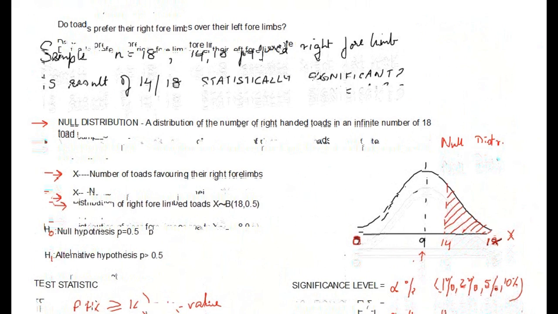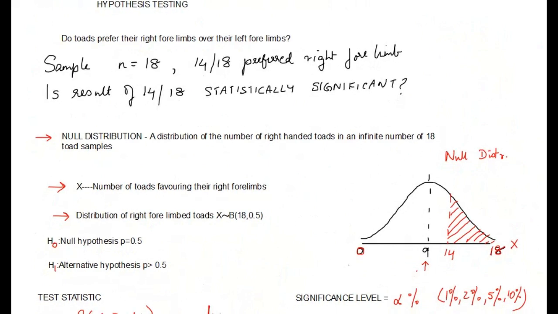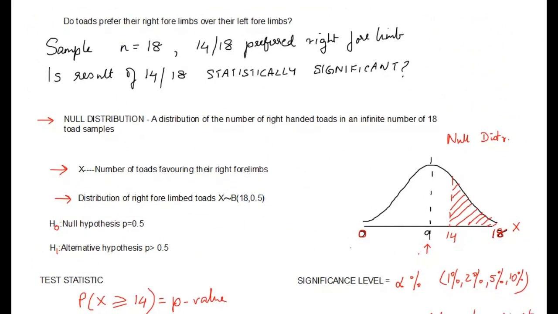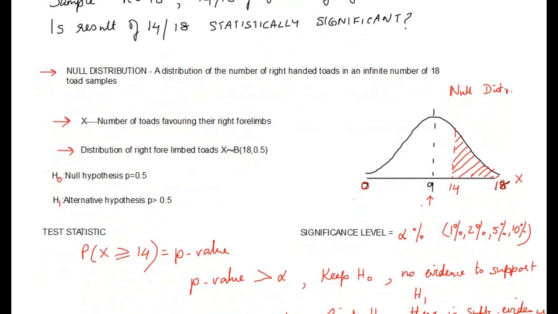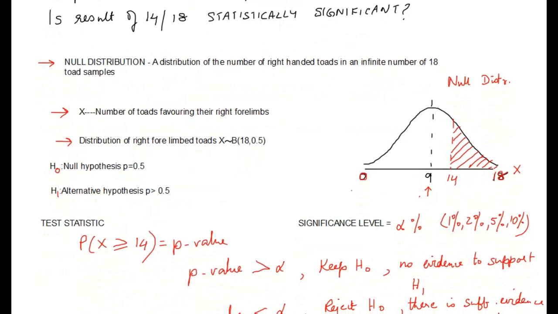Then the scientists asked the question, is this result that we got statistically significant? In order to test this significance, since they can't measure forelimb preference for all toads and can just do it for this one sample, they use something called a null distribution. Now, what is a null distribution?